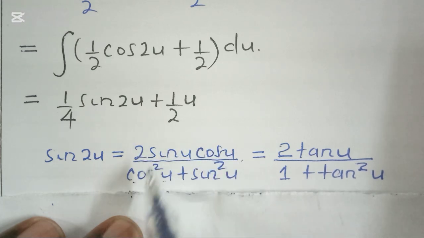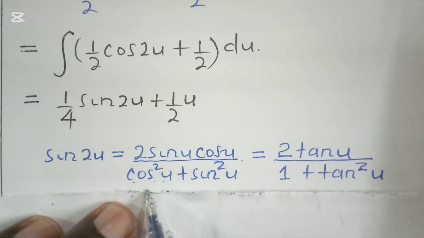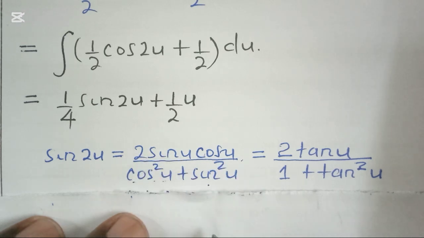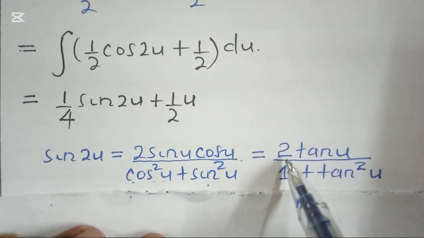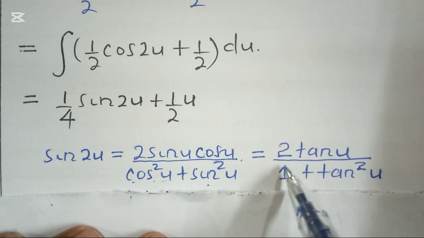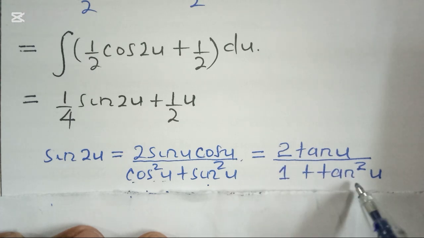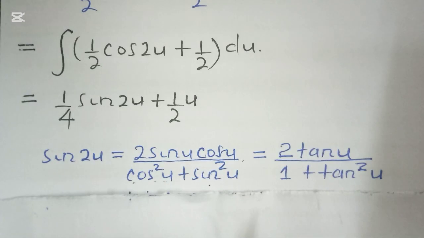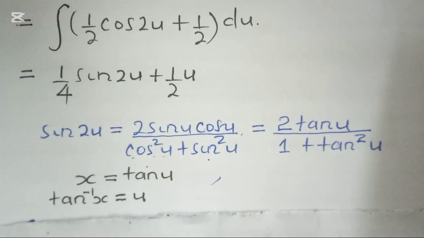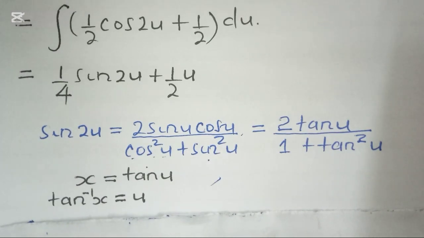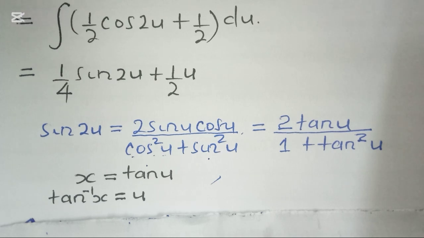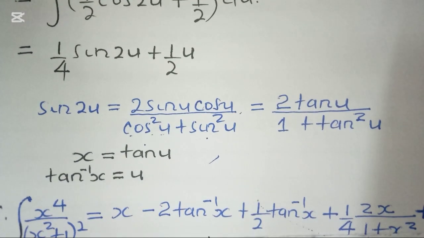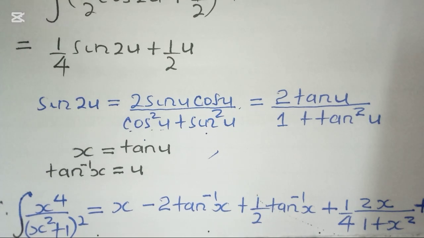If we divide every one of these terms by cos squared, we shall have 2 tan u all over 1 plus tan squared u. So now we are going to replace for tan u. Remember we said that tan u equals x. So we shall have 2x all over 1 plus x squared.